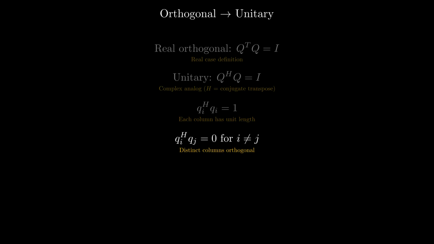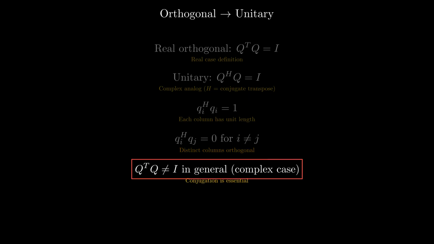And any two distinct columns are orthogonal, meaning Q_i H times Q_j equals 0 when i is not equal to j. Notice we use H here, not just transpose. This matters. Q transpose times Q would not equal the identity for a complex Q in general. The conjugation built into H is what makes the lengths come out as real positive numbers.